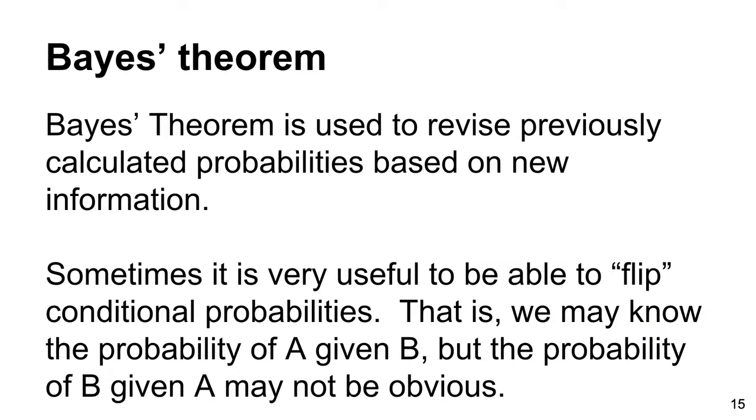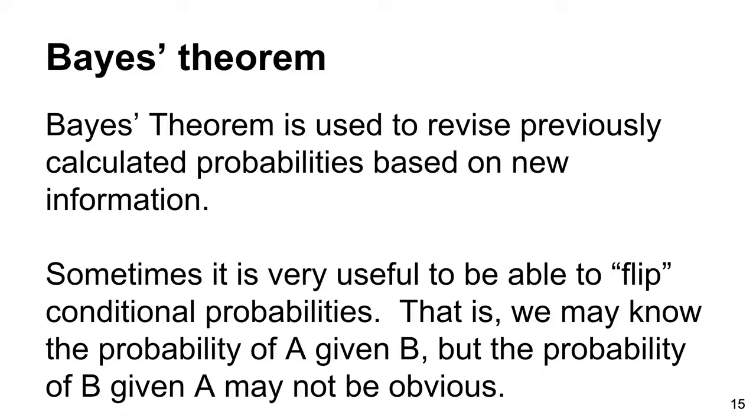Now I want to talk a little bit about Bayes' theorem. Bayes' theorem is used to revise previously calculated probabilities based on new information. It's a systematic way of incorporating new information to revise your expectations. Sometimes it is very useful to be able to flip the conditional probabilities.